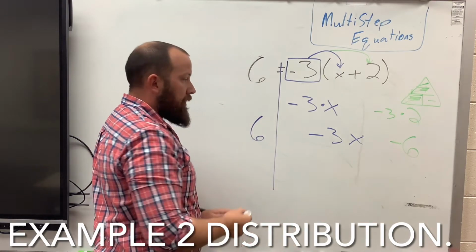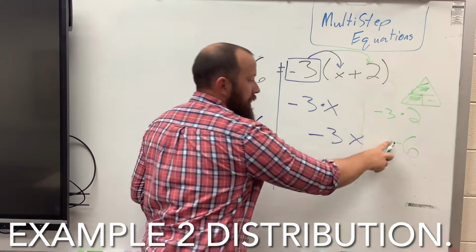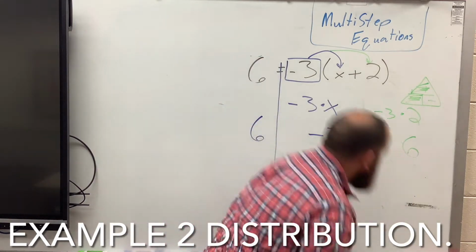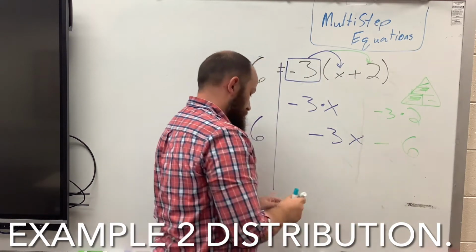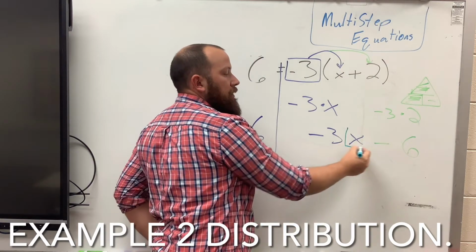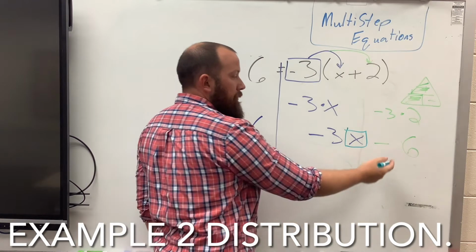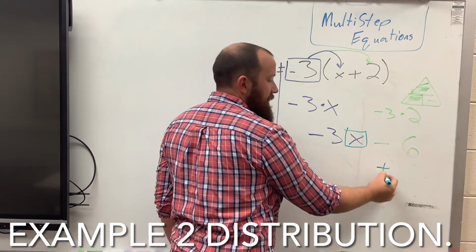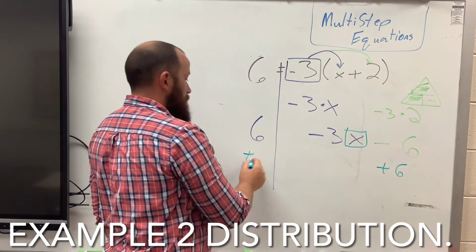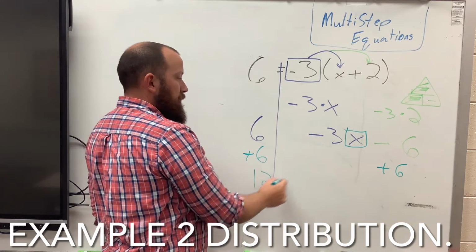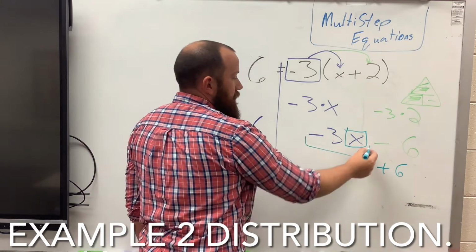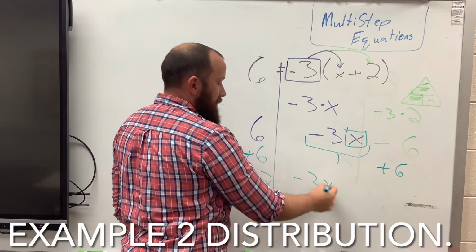Now I can go through the other process because now it is a two-step equation. So I put my box around my variable and I have negative 6 here. How do I get rid of the negative 6? I add 6 to both sides. Whatever the opposite is. 6 plus 6 is 12. This leaves me with negative 3x.